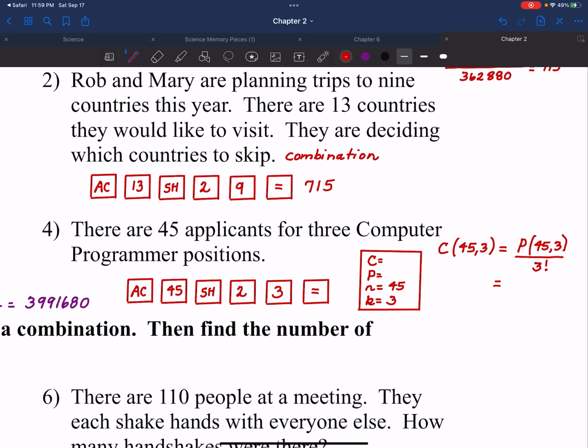All clear. 45 shift 1, 3 equals 85,140, and then 3 shift 3 is 6, and then 85,140 divided by 6 is the number I want to see. So there are 14,190 combinations for that value.